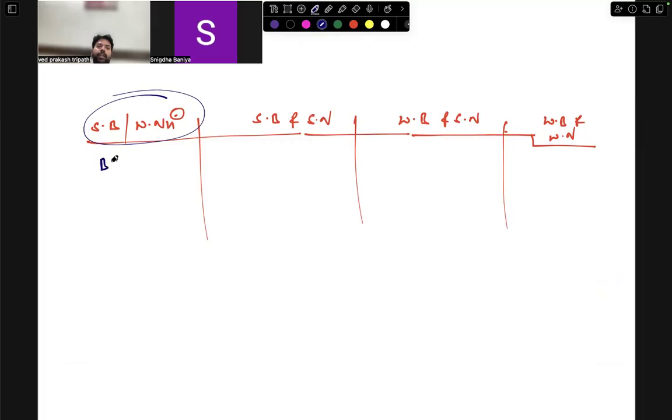If you have any bulky attacking species, bulky means like tertiary butoxide, DBU, DBN. These are the most common ones, okay? So this is called strong base and weak nucleophile.